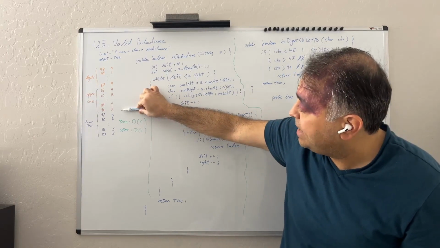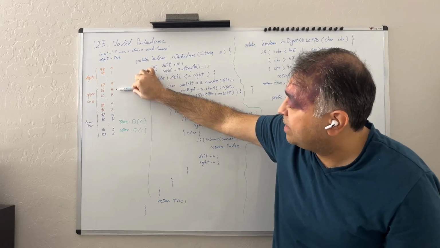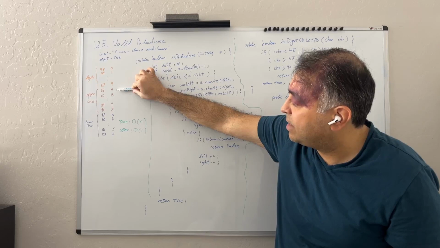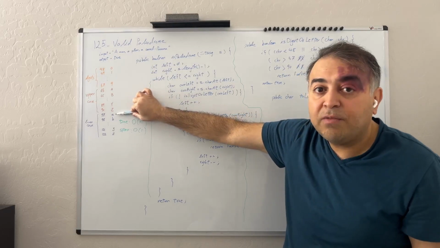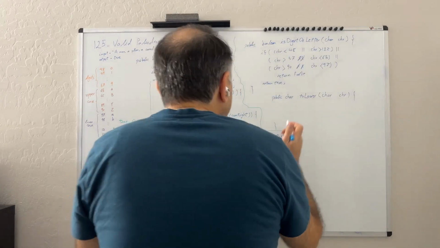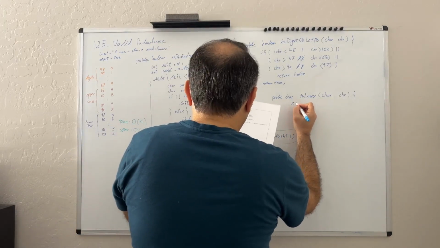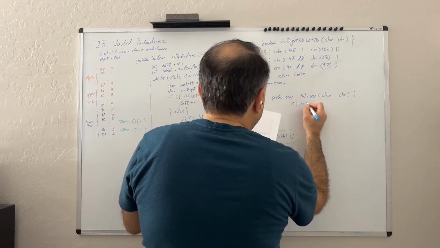By adding 32, for example, assume that the character is A. The decimal ASCII value of that character is 65. If we add 32 to the ASCII value, we get 97, and we convert it from uppercase to lowercase. So I first need to make sure that this is uppercase. So I need to check if the character is in the boundary of the uppercase characters.